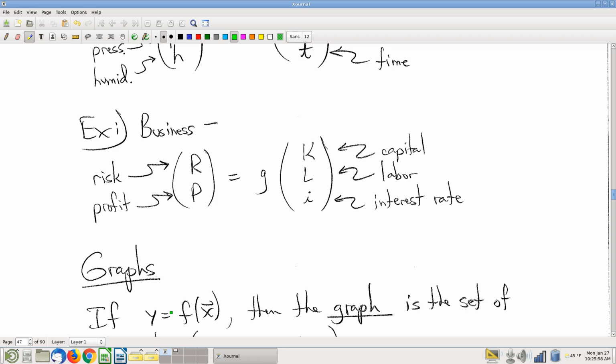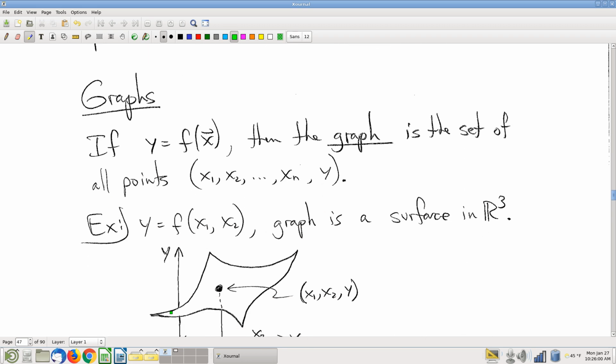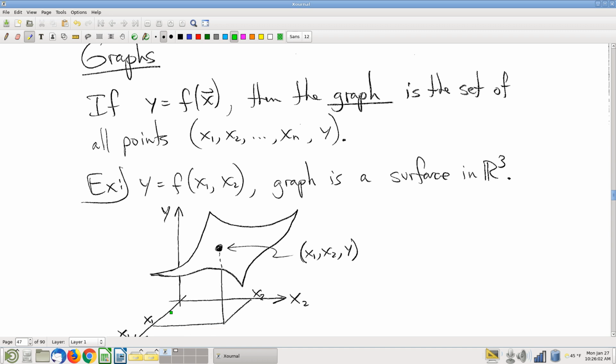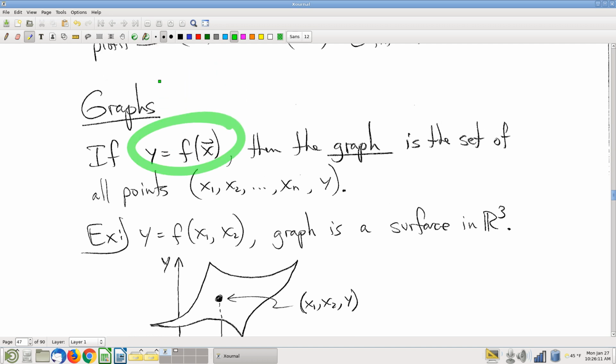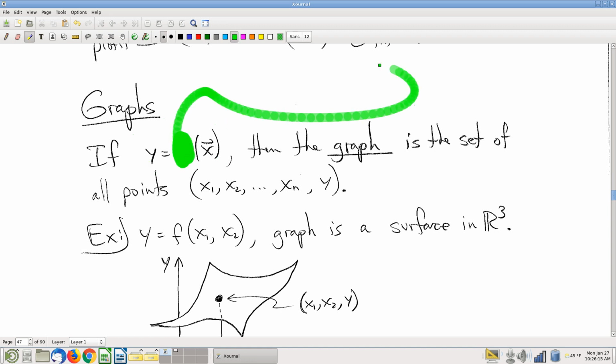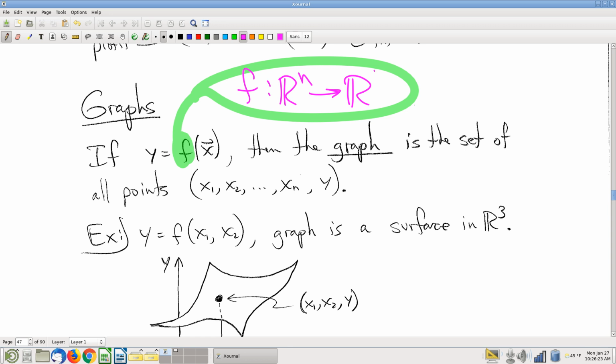So first let's talk about what is a graph in a multivariable context. I'm going to give you a general description first. Let's say you have a function where maybe you write y equals f of x. Let me first point out that you have a function f with n input variables and one output variable.